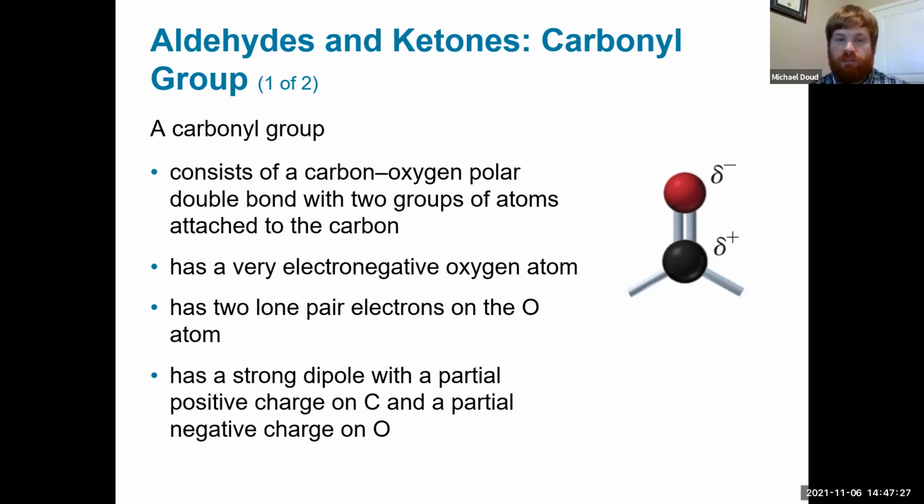So you'd predict that if they bond, they're going to form a polar bond. And sure enough, that's exactly what happens here. Your carbon double bonds to an oxygen, and you get a polar bond out of it. The two lone pairs on the oxygen plus the electronegativity of the oxygen pulling the covalent electrons to its side result in a dipole with a partial negative charge on oxygen and a partial positive charge on the carbon.